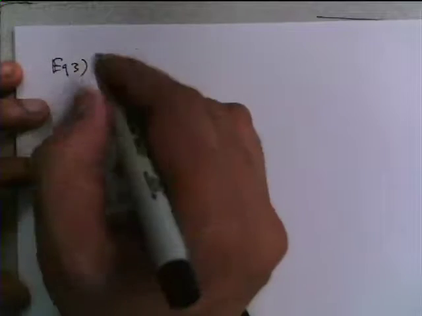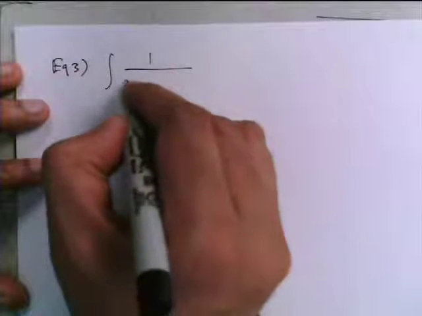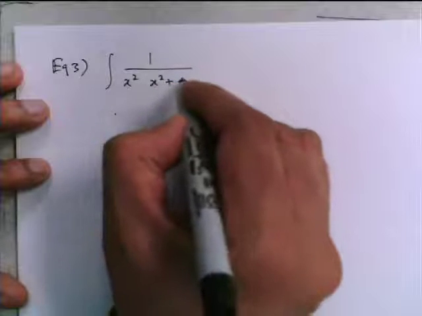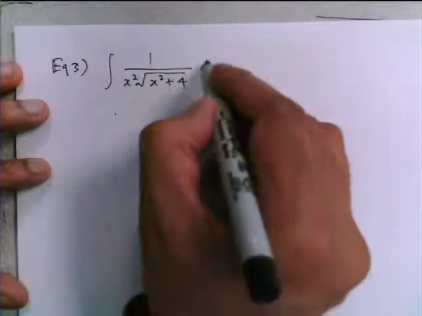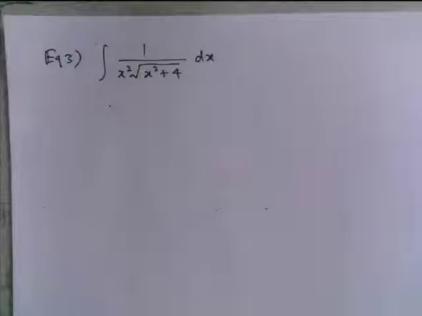Example 3. The integral of 1 over x squared times the square root of x squared plus 4 dx. So any guesses?